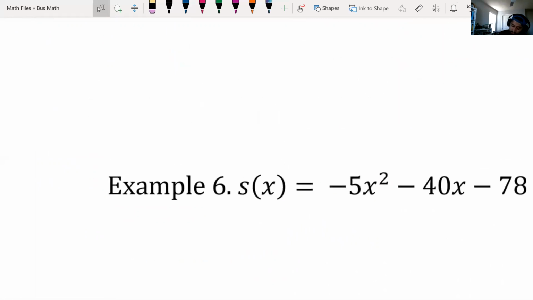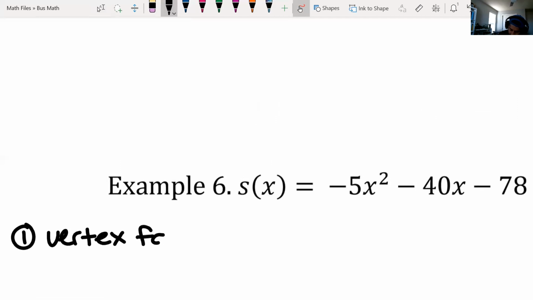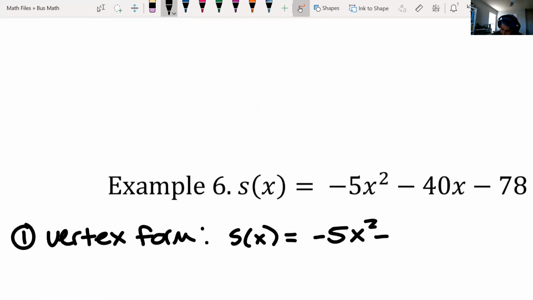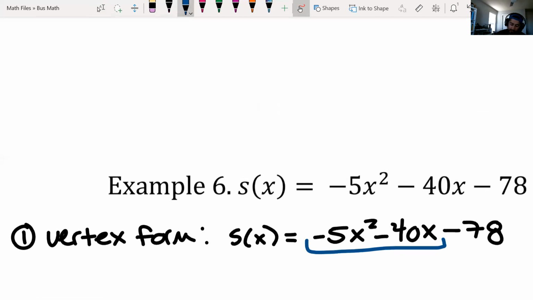No. So I'm going to say 1, vertex form. I'm going to rewrite it. S of x equals -5x squared minus 40x minus 78. And since this is an imperfect form, what number am I going to factor out from just the x terms?